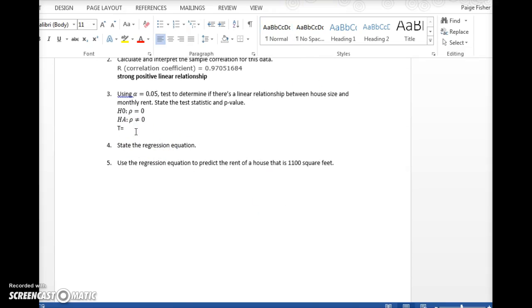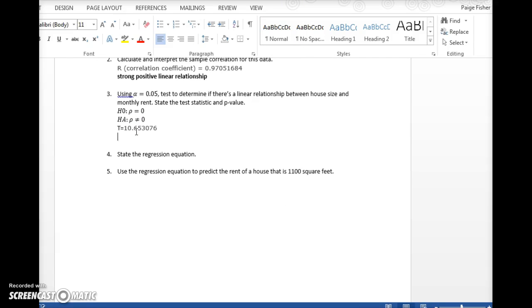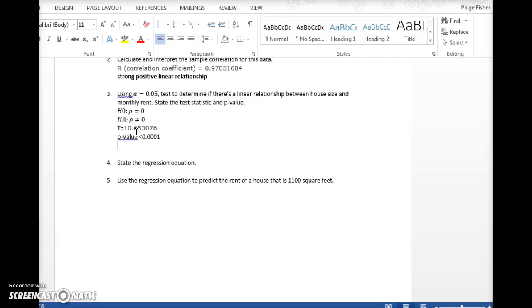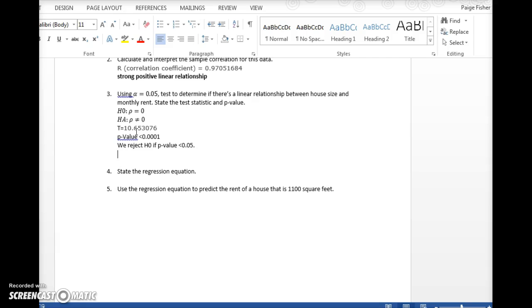So remember, we reject H naught if p-value is less than 0.05. That's our alpha level. In this case, we know that our p-value is less than 0.05. It's less than 0.0001, so that's very small. So we reject H naught.